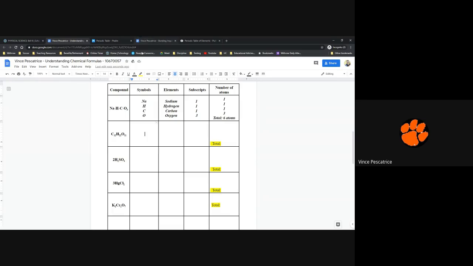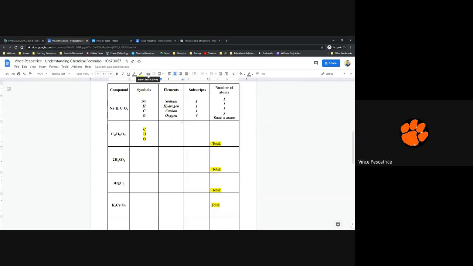Okay, so we should be on number 2. Follow with me. What I type, you should also type. So we're going to start with carbon. C. I see the letter C. The next one is H. Next one is oxygen. CHO.